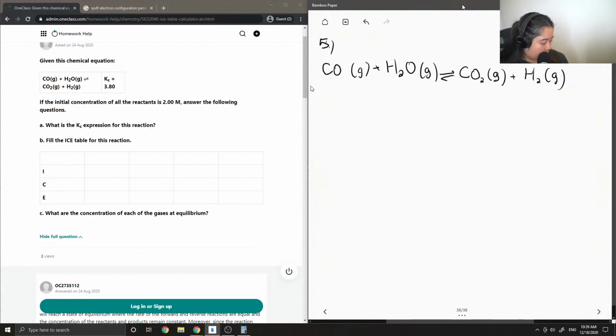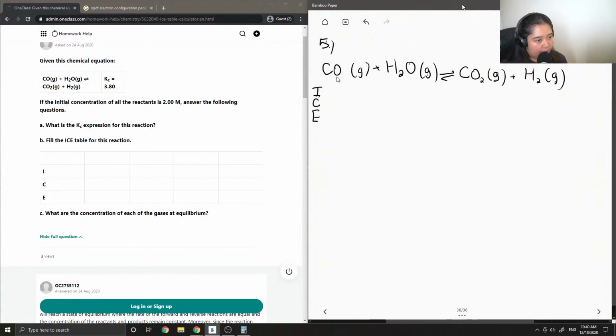And now we can just construct our ice table. So since none of these compounds are solids or liquids, they will all be included in the ice table.